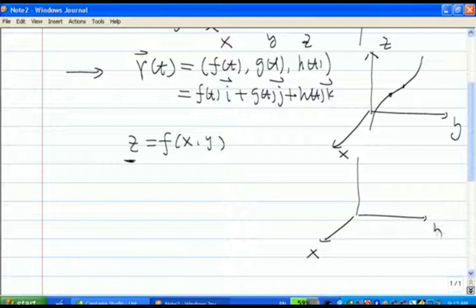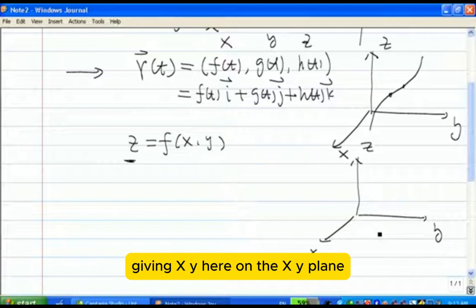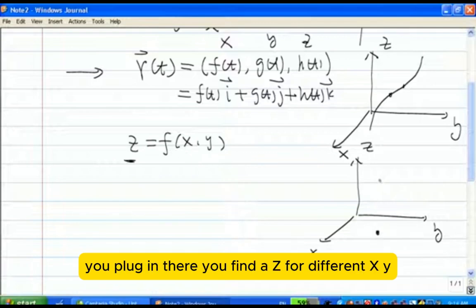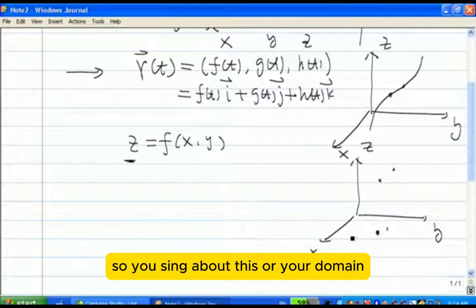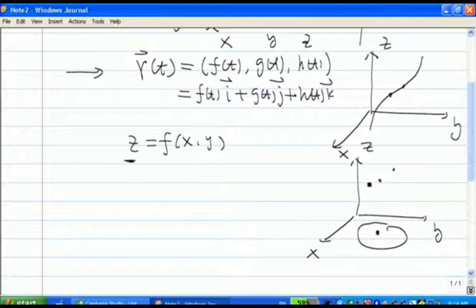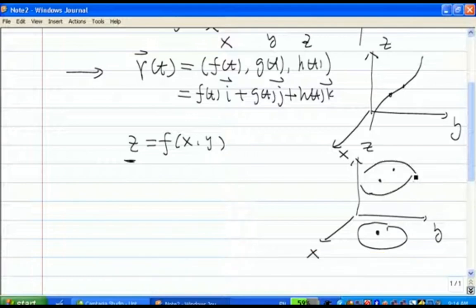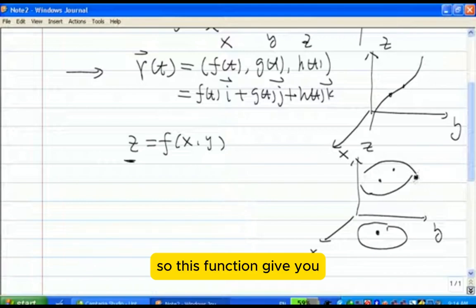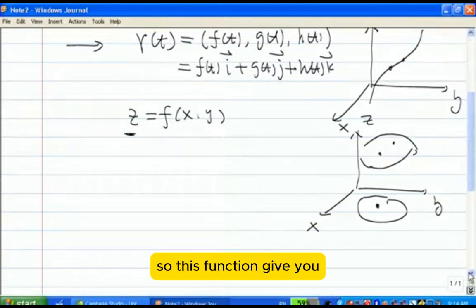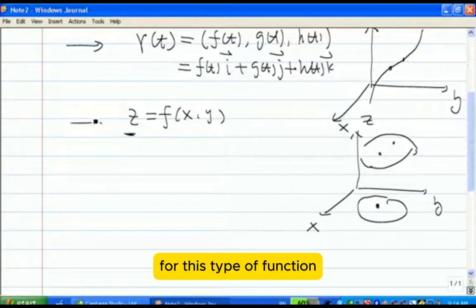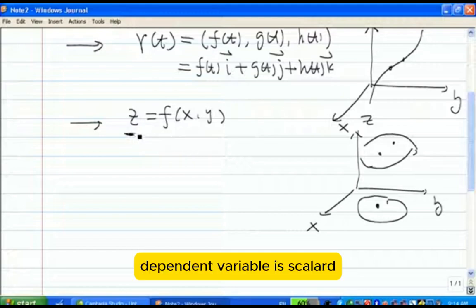Given x, y here on the xy plane, you plug in there, you find a z. For different x, y, you find a different z. So you think about this as your domain. Then you will have a surface above that. For this type of function, the independent variable is a vector, the dependent variable is a scalar. Then you got a surface.